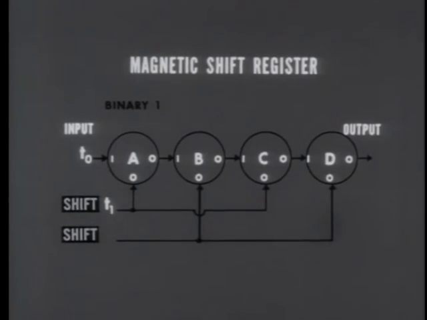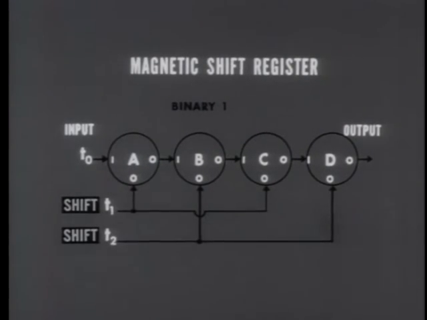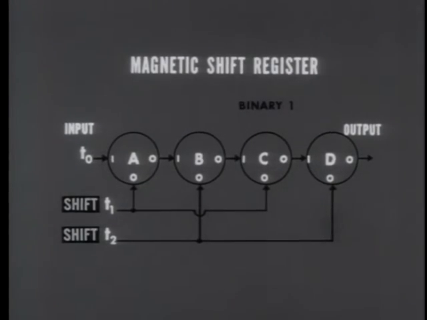The first shift pulse at time t1 moves the bit to core B, and the second shift pulse at time t2 advances it to core C. We now have one bit stored in the register, and we can store another one by applying an input pulse to core A again. The capacity of this particular 4-core register is 2 bits. But there are registers that can hold as many as 50 bits or more at a time.